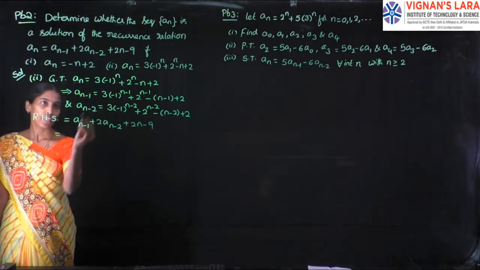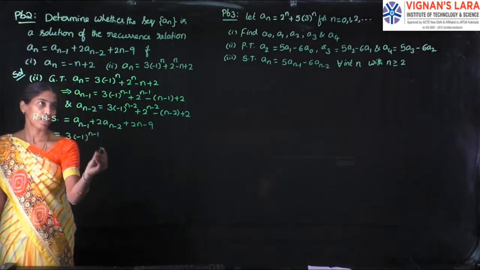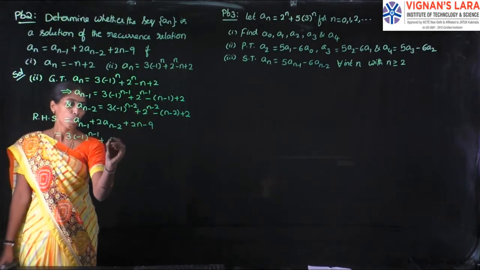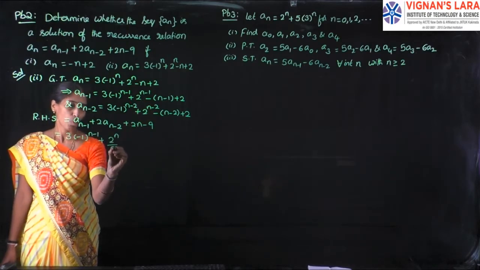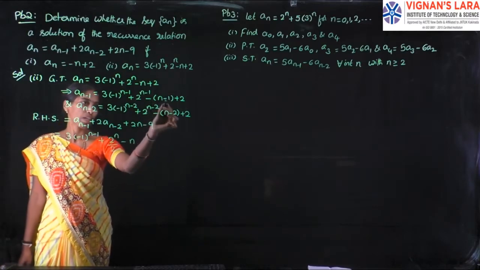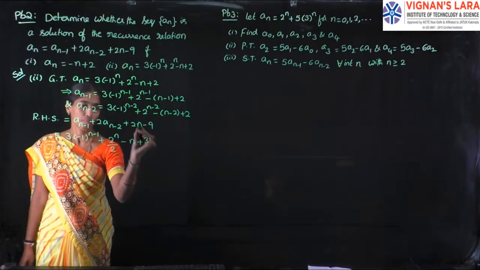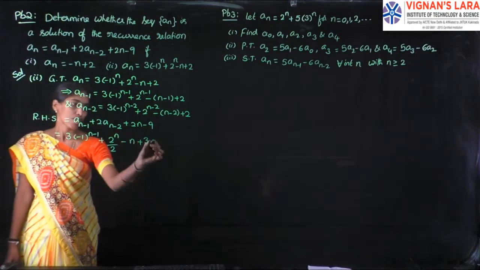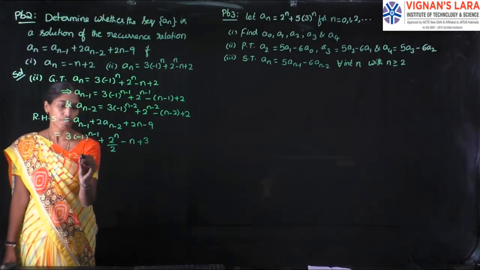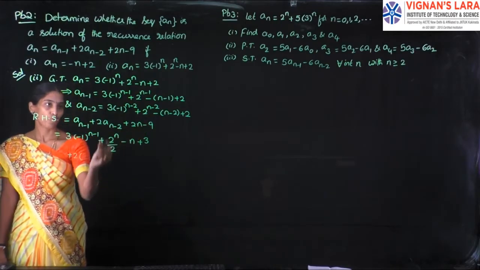So what is an-1? Its value is 3(-1)^(n-1) + 2^(n-1), which can be written as 2^n/2, minus (n-1), minus into minus becomes plus 1, plus 2 is plus 3, plus 2 times an-2.